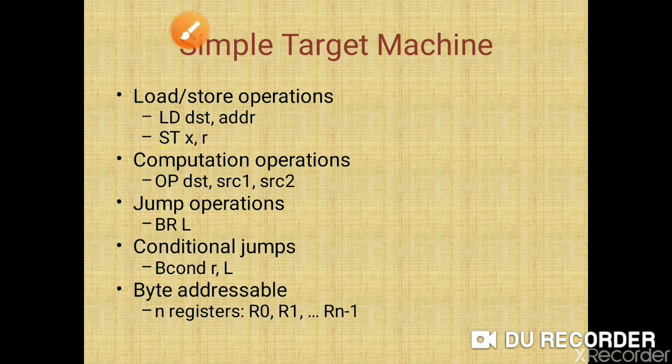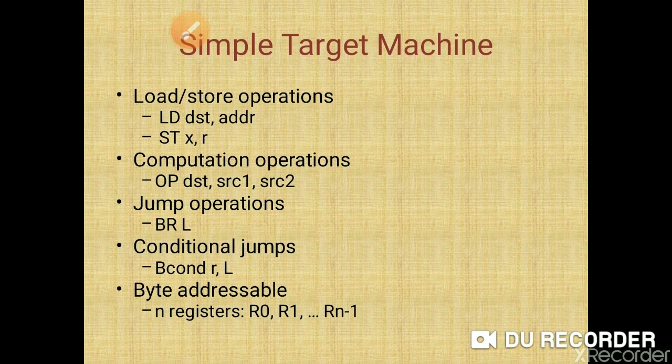Now, what about the store operation? In the store operation, we store the register to a memory word, that means we store the contents of a register to memory. Here you are given register R, and I want to store the contents of R to X. That is what happens in the store operation. So, load loads the memory word to a register, and store stores the contents of a register to memory.